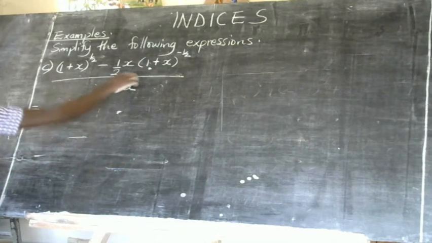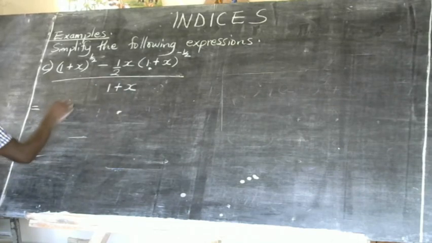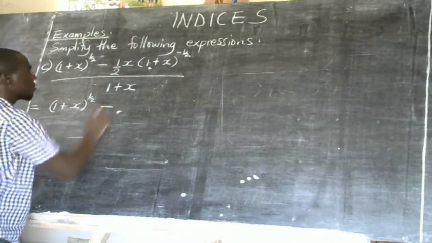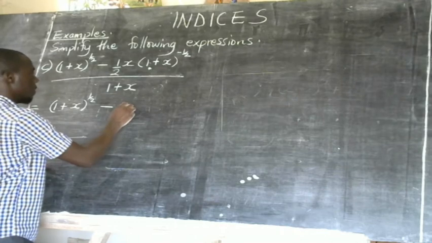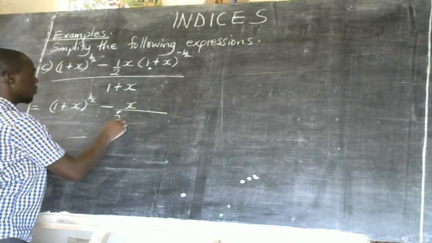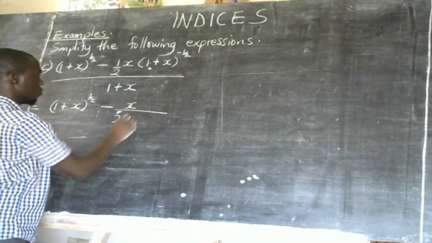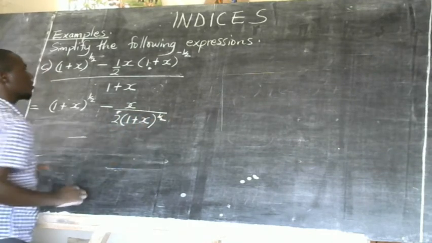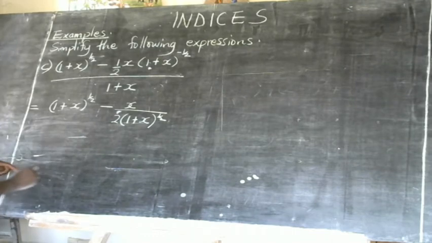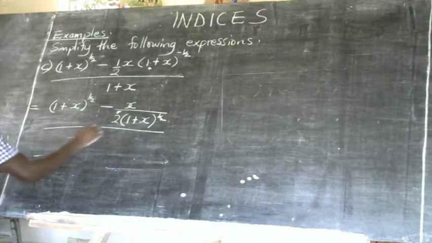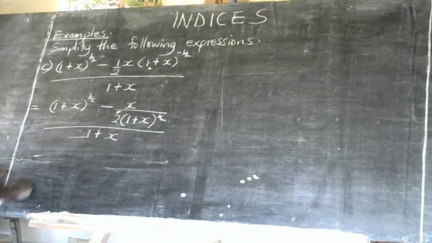So using the first alternative, this is 1 plus x power a half there, then minus x all over the 2 into 1 plus x power positive a half, then divide by 1 plus x.